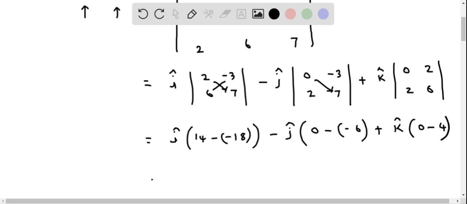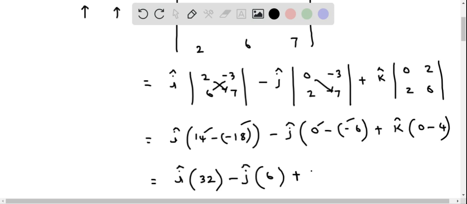So let's simplify this. This equals i unit vector times 14 plus 18, which is 32, minus j unit vector times 0 plus 6 will be 6, plus k times 0 minus 4 is minus 4.